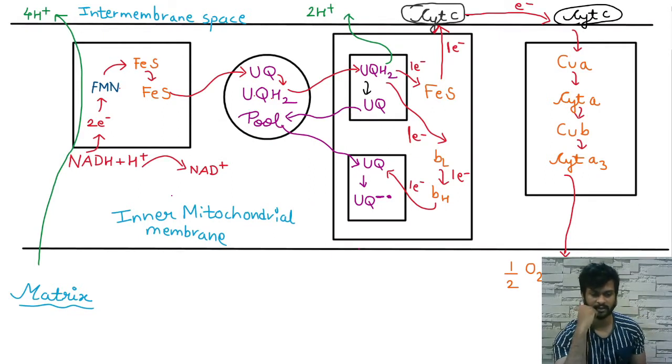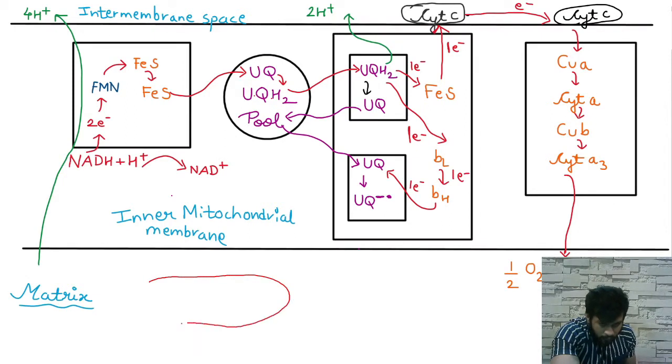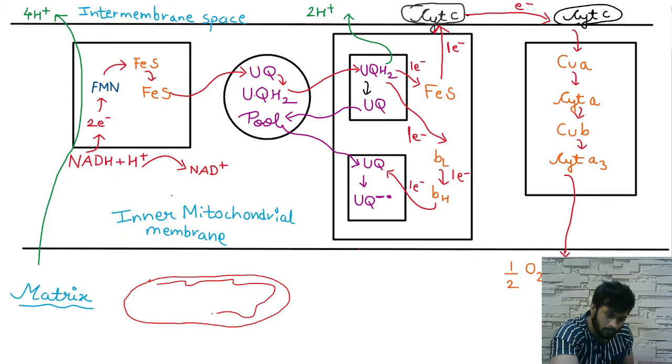Now we will understand the electron transport chain in detail. Let me first draw the mitochondria for you. This is the outer membrane. This space is known as the intermembrane space.